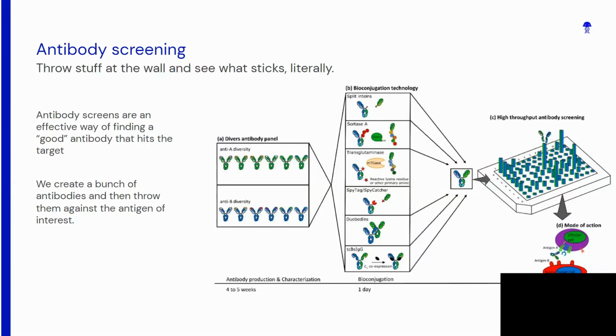And so the standard way that you would try to generate the ideal antibody is that you generate a large number of potential antibodies, and then you throw all of them against the target and see what would bind correctly to the target, and also not bind to other proteins. I think the not binding is also quite important because you need something that's very specific and has high affinity.